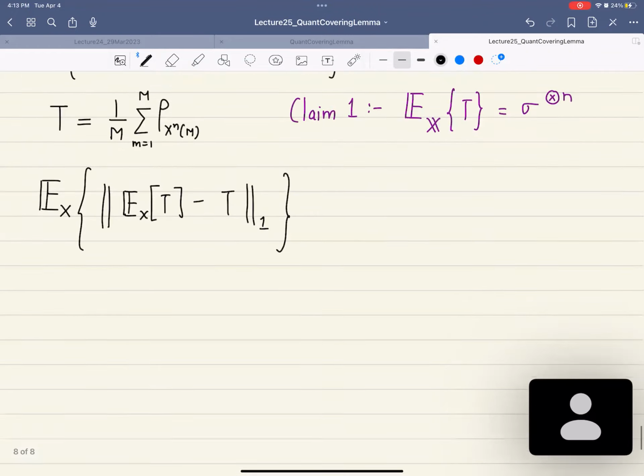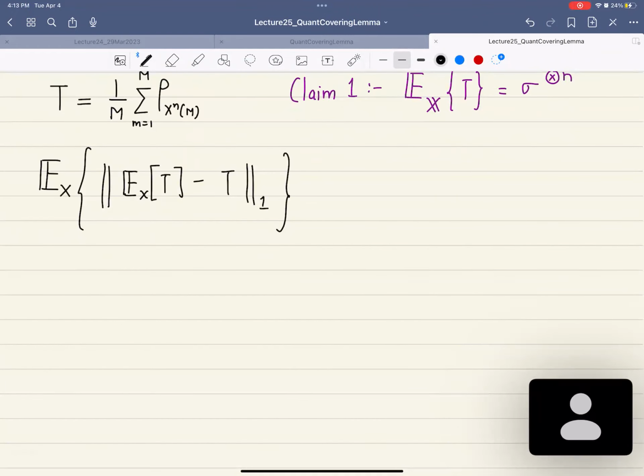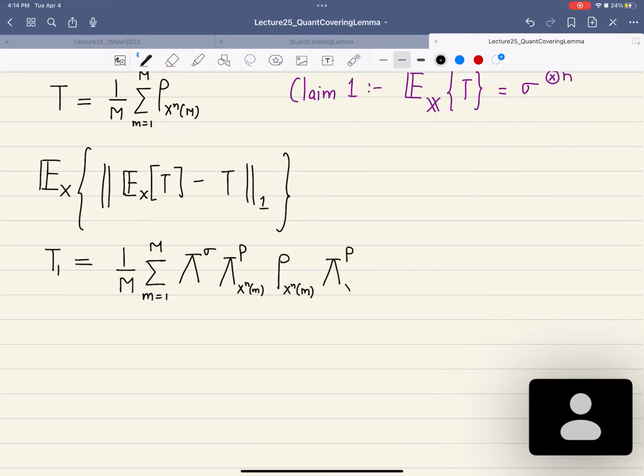First, I'm going to say the following. T1 is 1 by M times the sum of pi sigma pi rho xn of m pi sigma, the usual suspects.